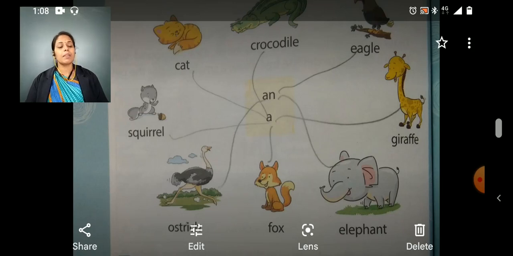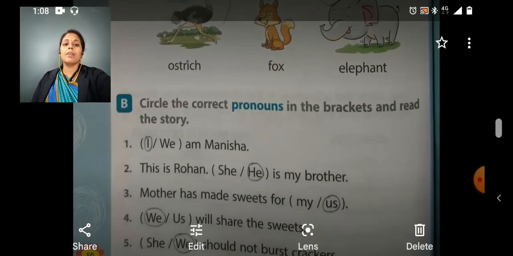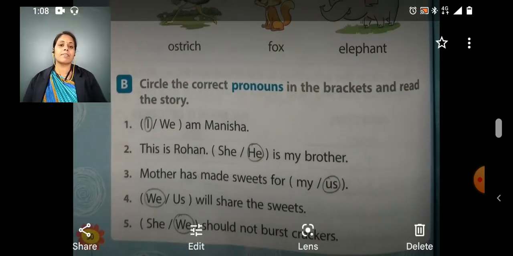About articles I have already made you understand, so I hope all of you have understood. Now we can see the next exercise. This is B. Circle the correct pronouns in the brackets and read the story. Dear students, there are 5 sentences, and in each sentence 2 pronouns are written in brackets.